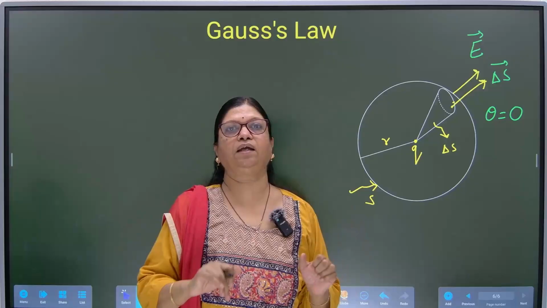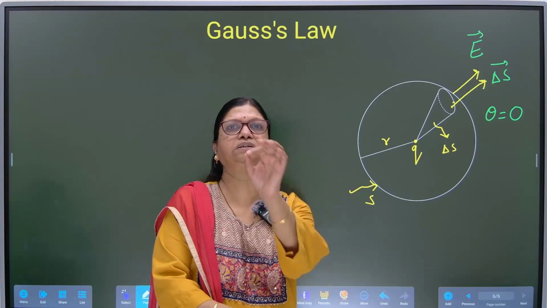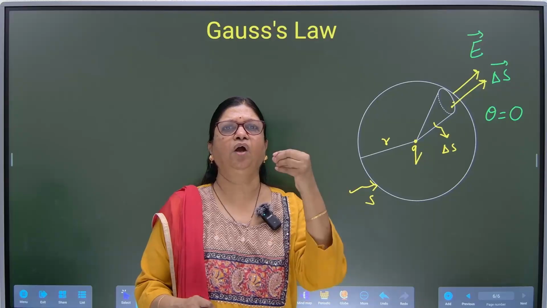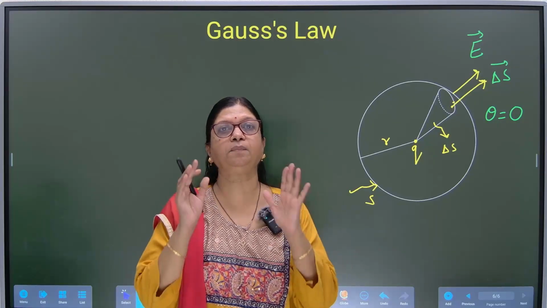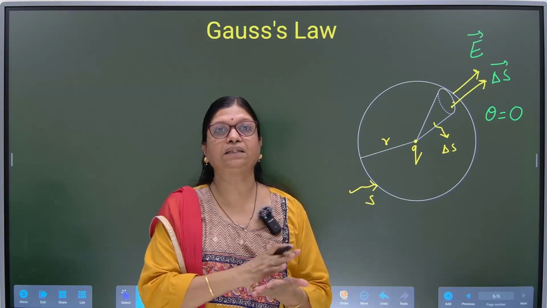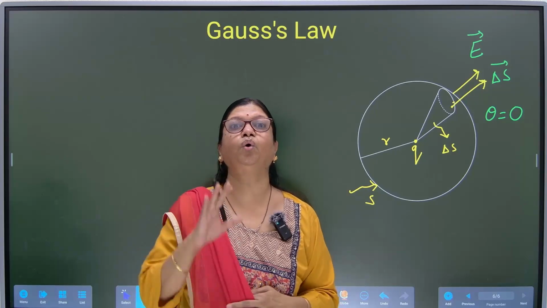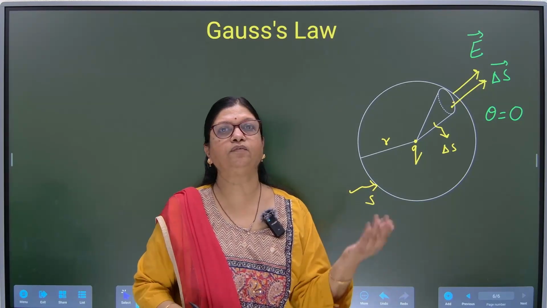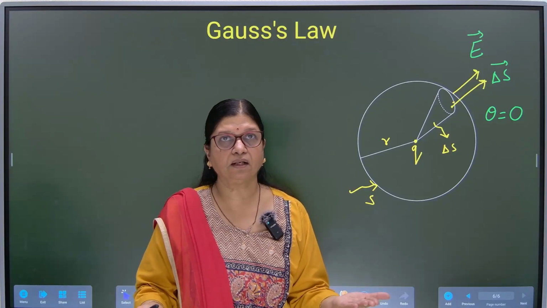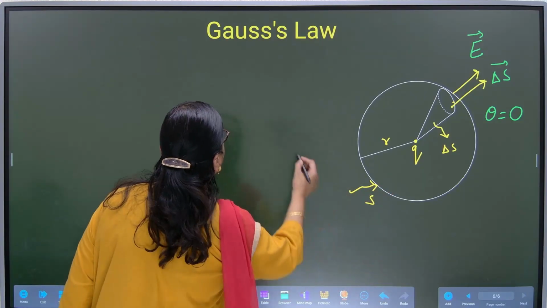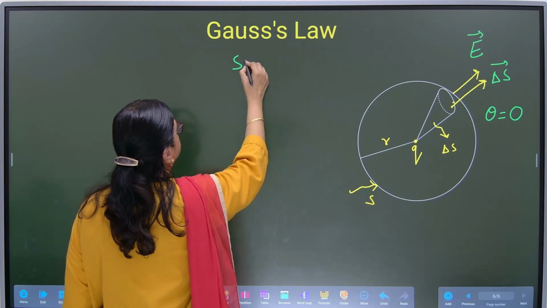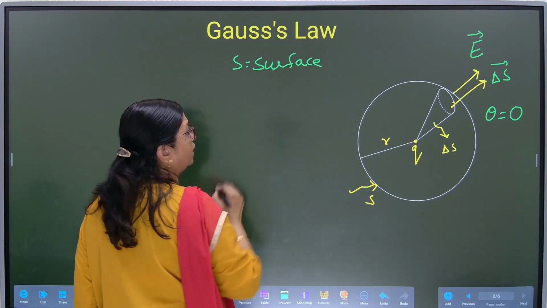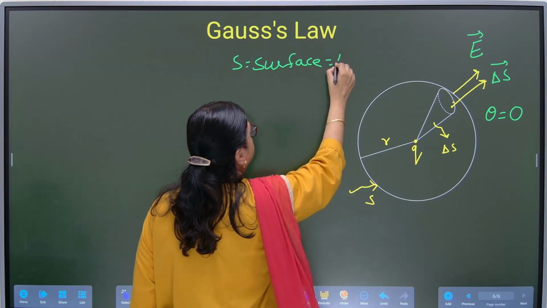See, drawing the diagram is the first important part of any physics derivation or numerical. If your diagram is correct, then the examiner understands, yes, you know what you are doing. And then you describe whatever you have made, like you have taken S as the surface area, which is 4 pi r square.